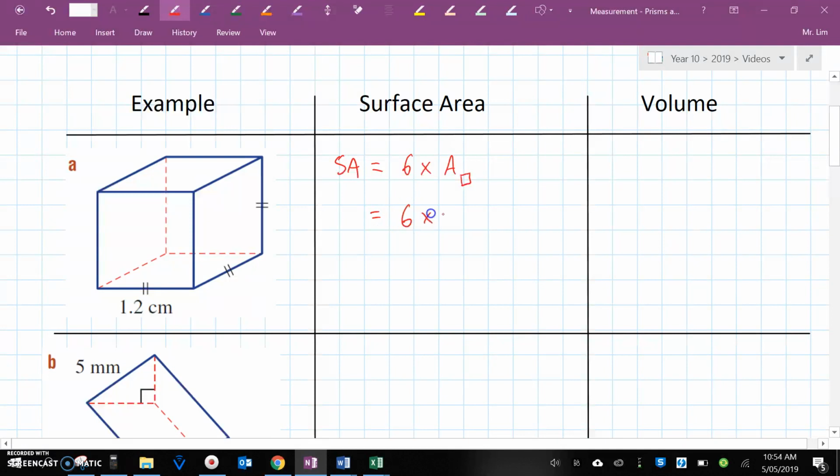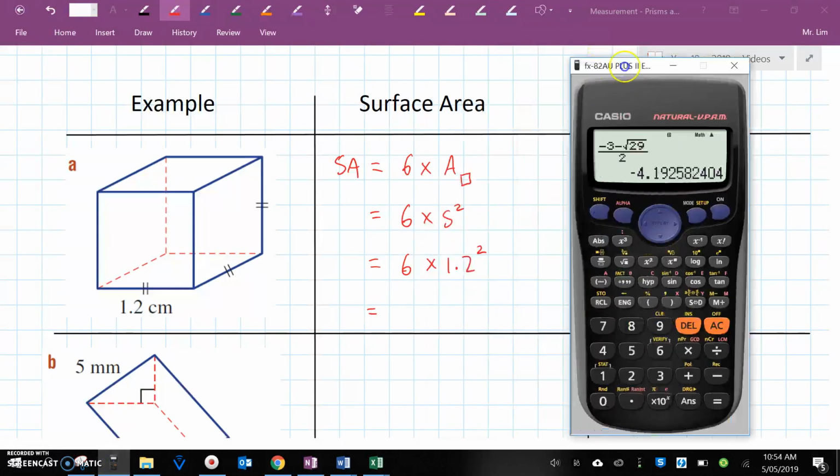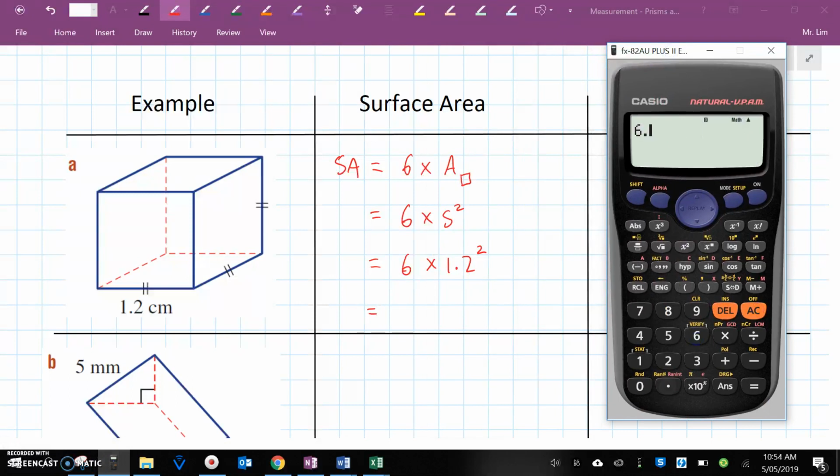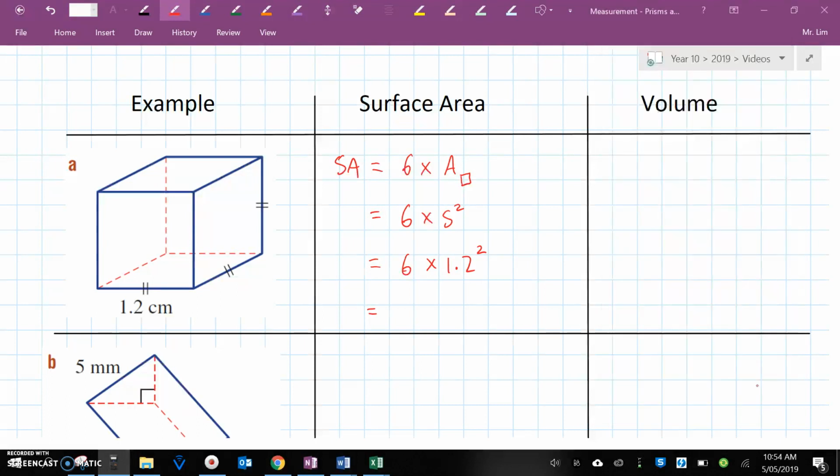So we have 6 times s squared, or 6 times 1.2 squared, which is equal to 8.64 centimeters squared.